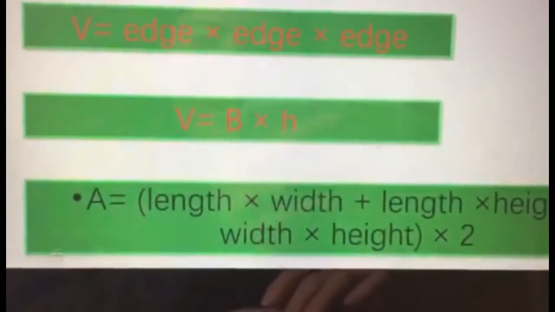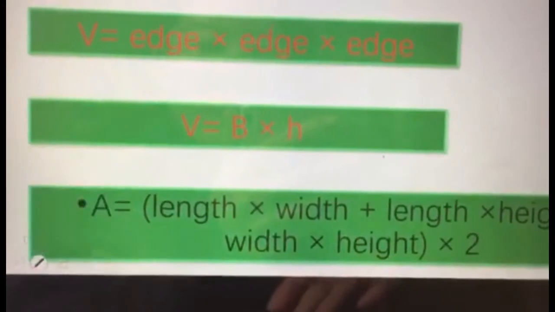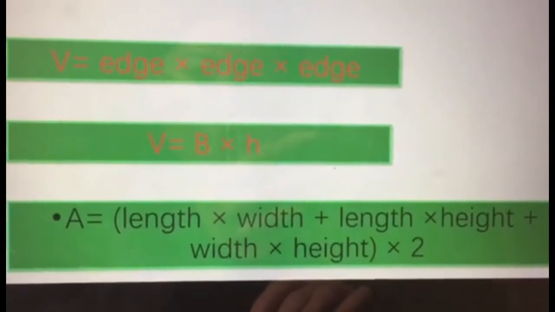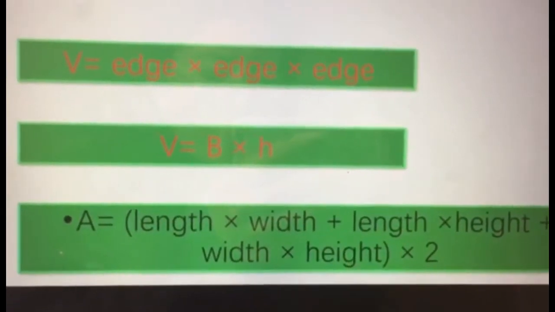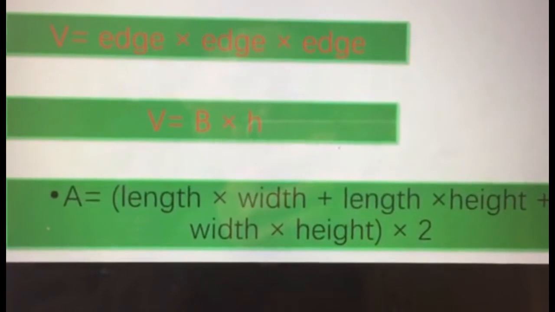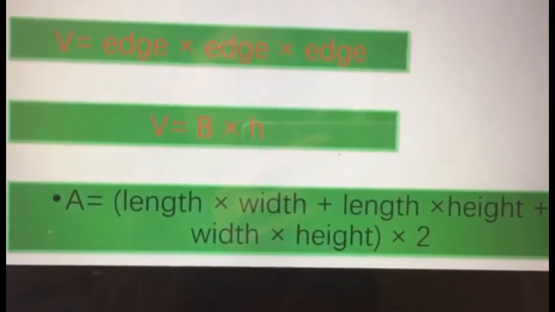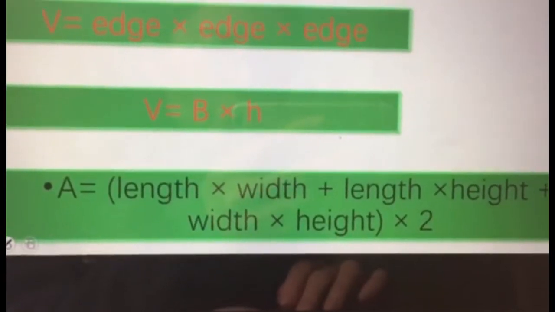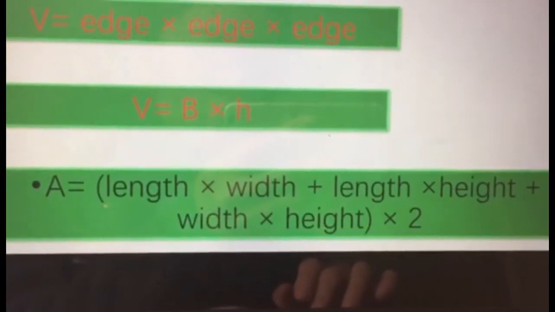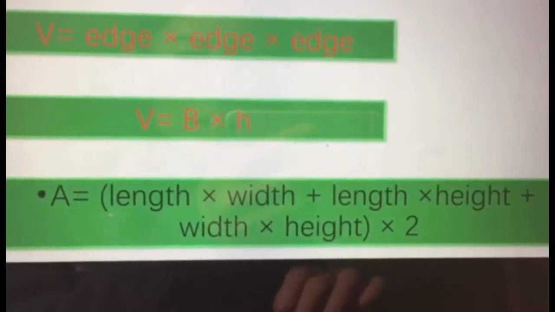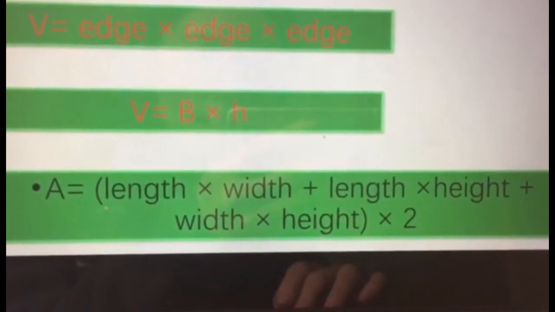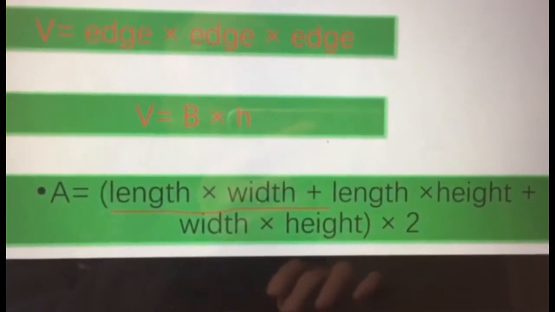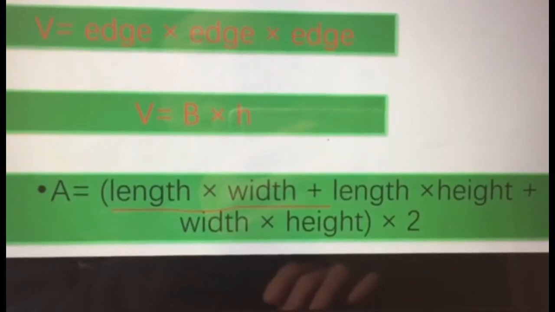For the surface area of a prism, we never talked about a formula. We just talked about the surface area of a prism being the sum of the areas of all the faces. In case you need it, if you know the length and width and height, you multiply each two: length times width, then length times height, then width times height.